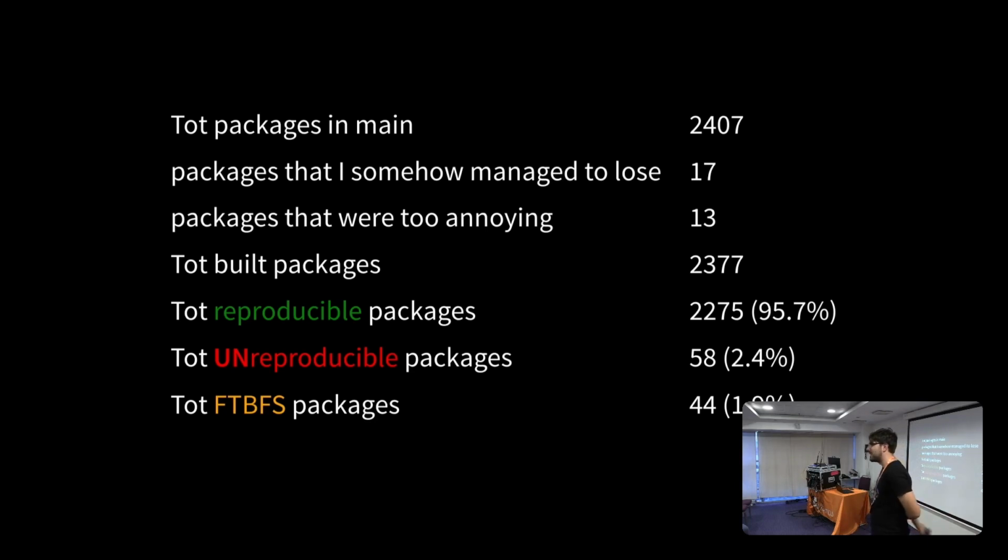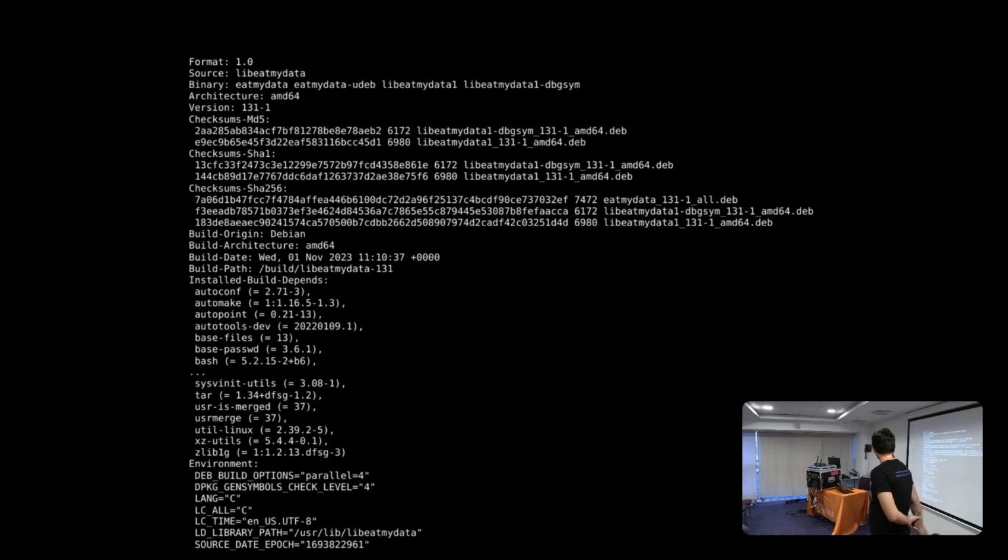A quick question: is this build info file specific to Debian packages, or is this also maybe for Python packages or for Golang or for others? All right. When we started this effort, we were thinking a lot about the build info file because it's something that is useful for everything.